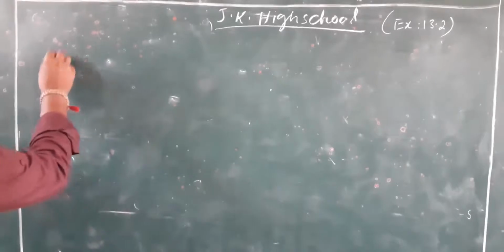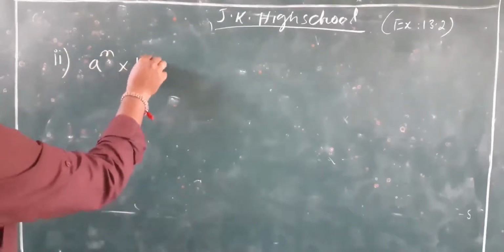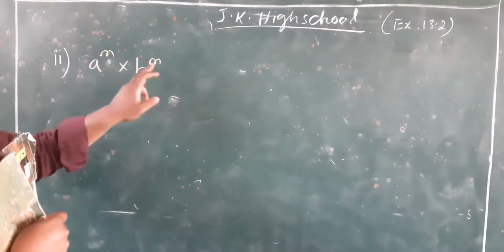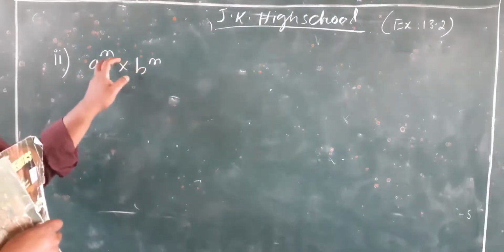Next law. Now this time, what will happen? The third law: a raised to m into b raised to m. Here the powers are equal, m, but the bases are different.